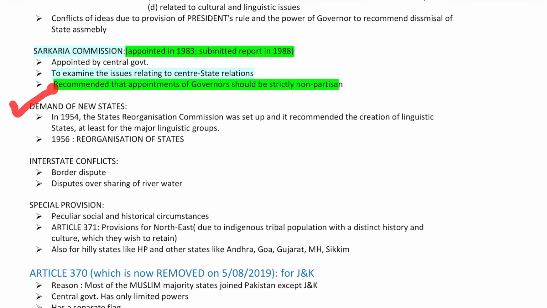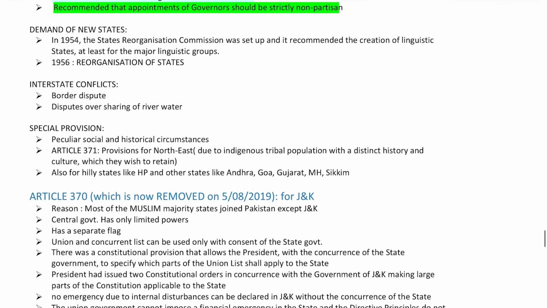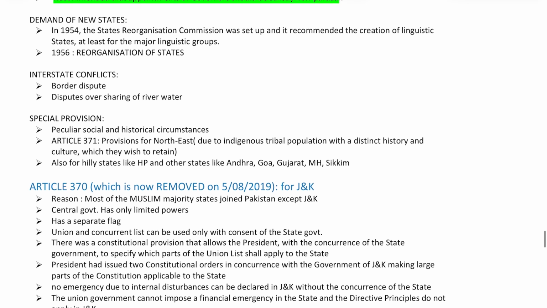Then the demand of new states. In 1953, the States Reorganization Commission was set up. It recommended the creation of linguistic states, at least for the major linguistic groups. Then in 1956, the reorganization of states was done. Andhra Pradesh was the first one to be formed because of linguistic criteria. The interstate conflicts are basically the border disputes over sharing of river water.